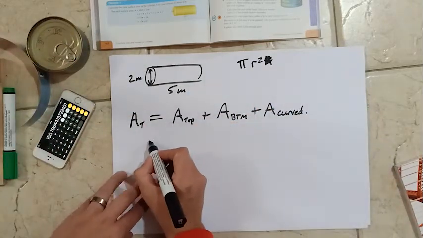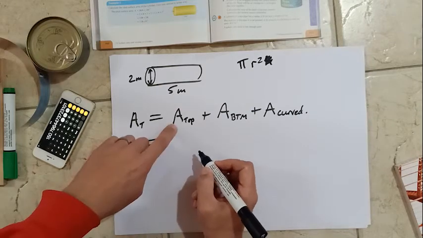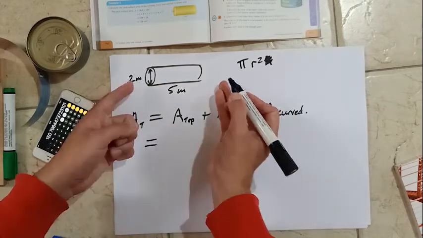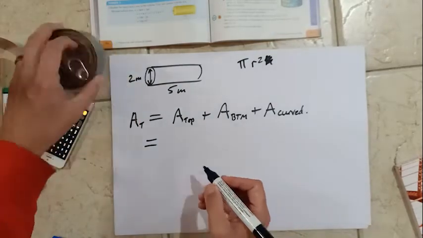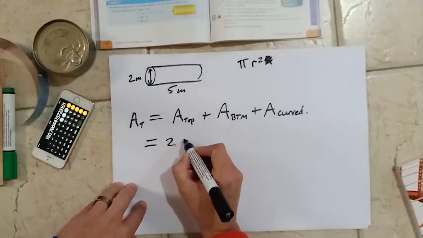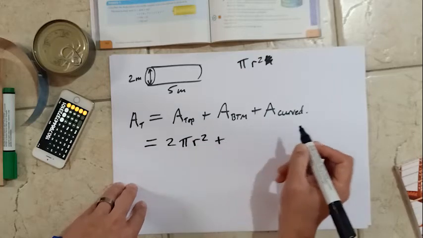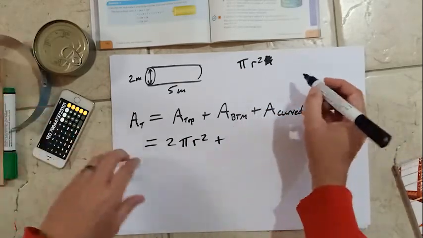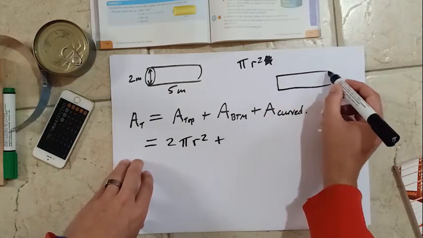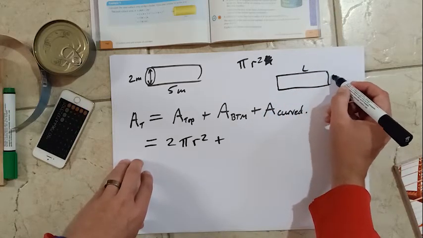So the area of the top and the area of the bottom are the same, obviously, so that's 2 pi r squared, plus the area of the curved surface. Remember it's a rectangle, length times width.